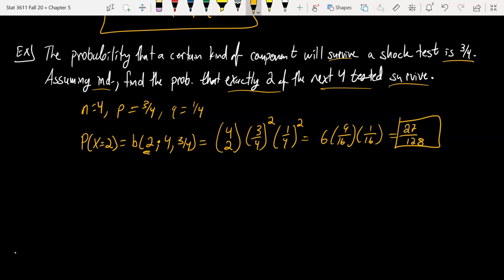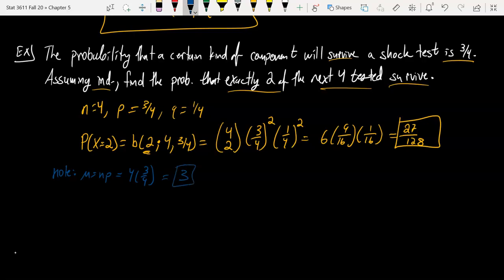I'll mention just a little bit of extra here. Just note that the mean is n times p. So that would be 4 times 3/4. If the success probability is 3/4 and you test 4, on average, what's the expected number of successes? The expected number of successes then would be 3.